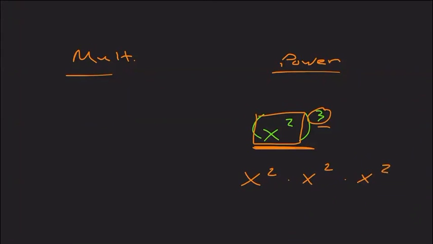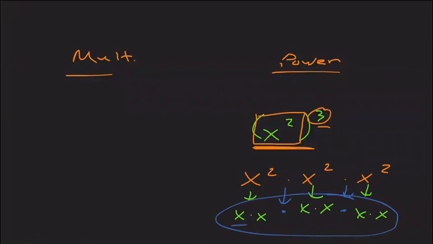And then we can break it down further because we know that x squared is x times x. Each one of these is x times x. And they're all being multiplied. So now how many x's do we have being multiplied together? 1, 2, 3, 4, 5, 6. So now we have x to the 6th.